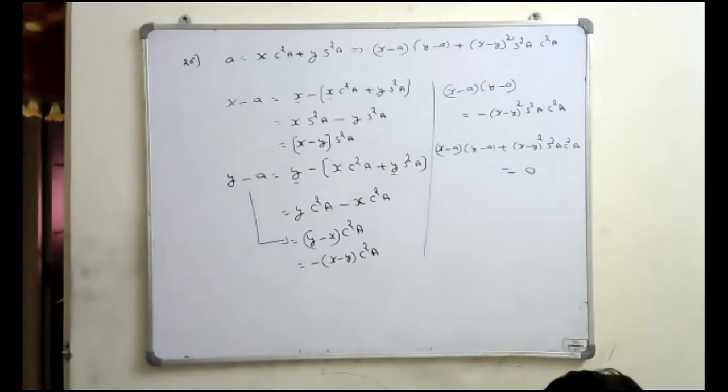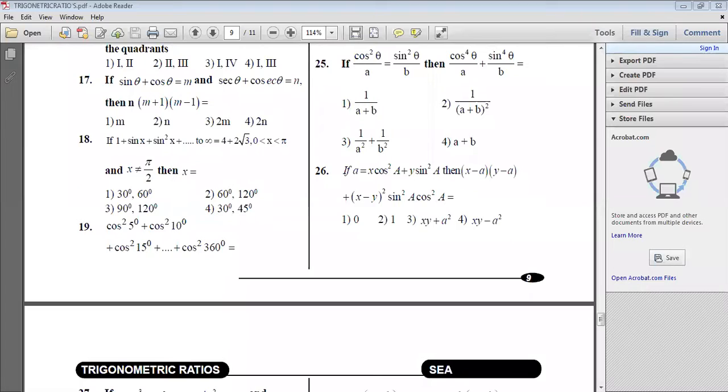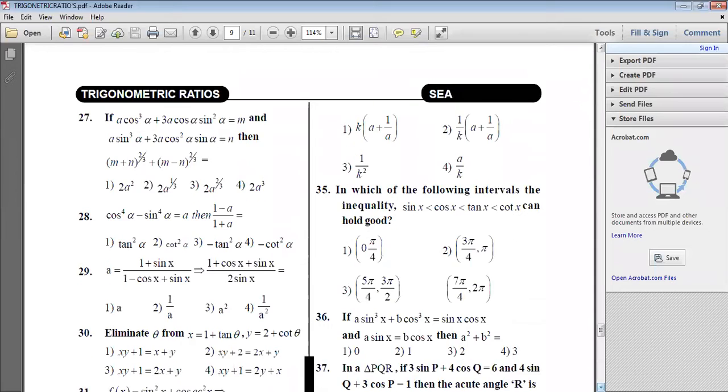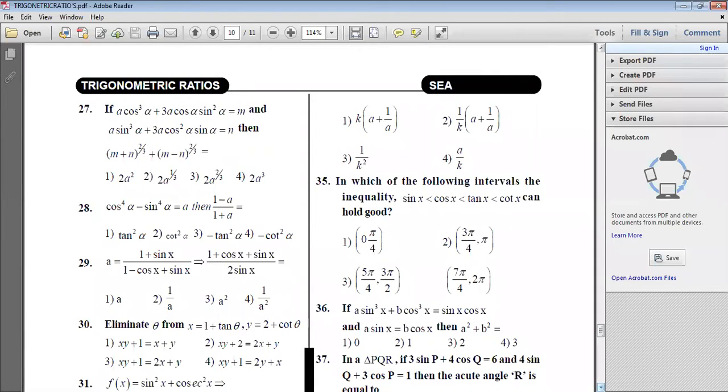Next, look at the next problem, problem 27. Observe this problem number 27.